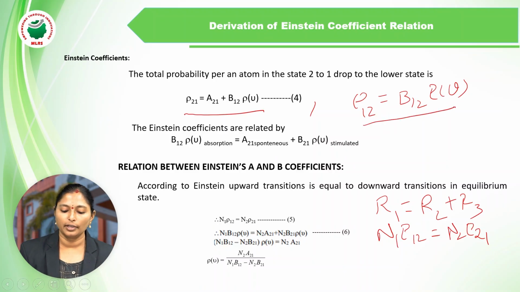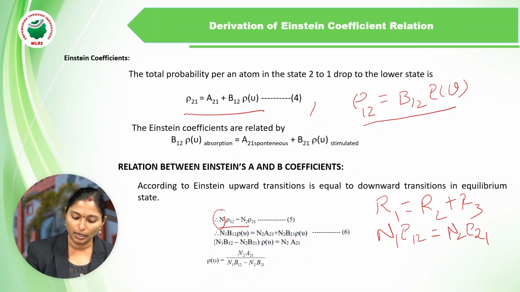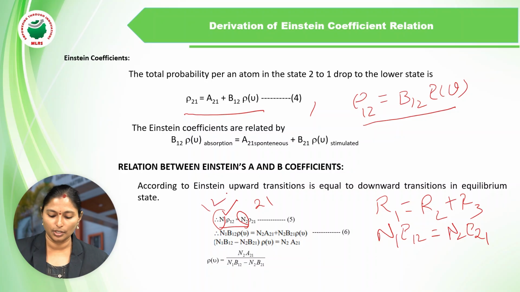According to Einstein, at thermal equilibrium the downward transition equals the upward transition. The relation is N1 rho 12 equal to N2 rho 21, where N1 is the number of atoms in the ground state because this is absorption, whereas N2 is the number of atoms in the excited state. This transition is from 2 to 1, whereas this transition is 1 to 2. That's why here N2 and here N1.